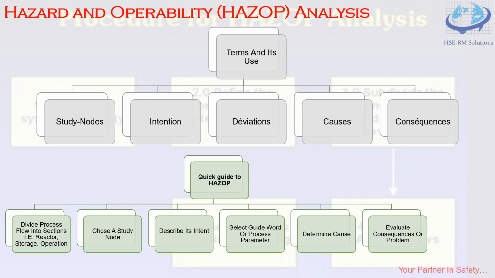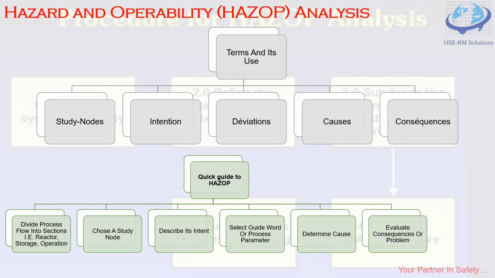Now finally the consequence. These are the results of a deviation should they occur, like release of toxic material. Consequences unimportant relative to the study objective can be dropped. So that is the starting point. That means you have to find the hazard for what.